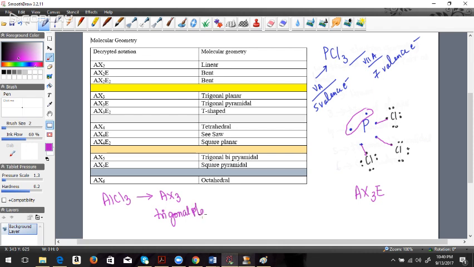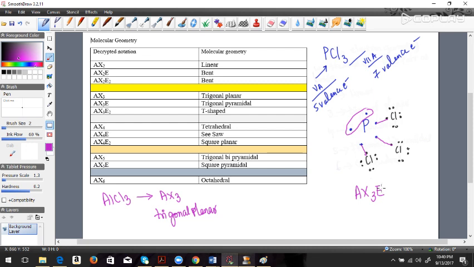The common confusion students have is the moment they see 3, they completely disregard the E. The E is not there like parsley on Italian food, where you just take it and put it away. The E is there for a purpose.